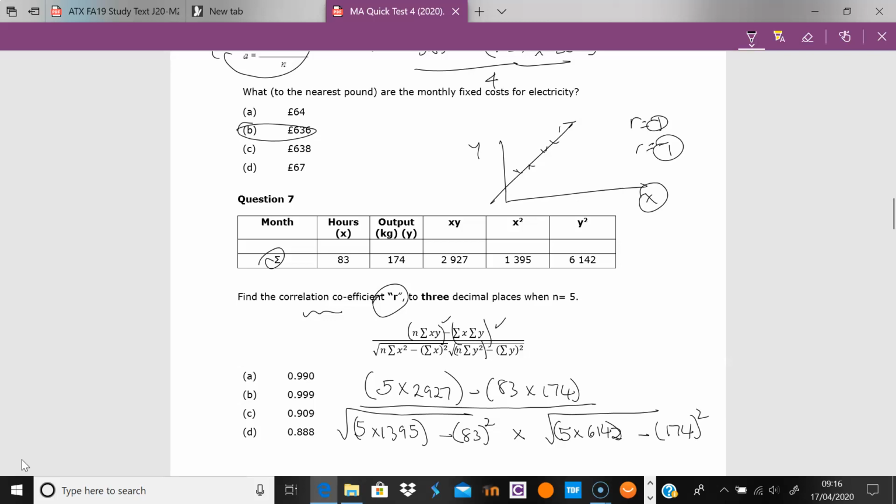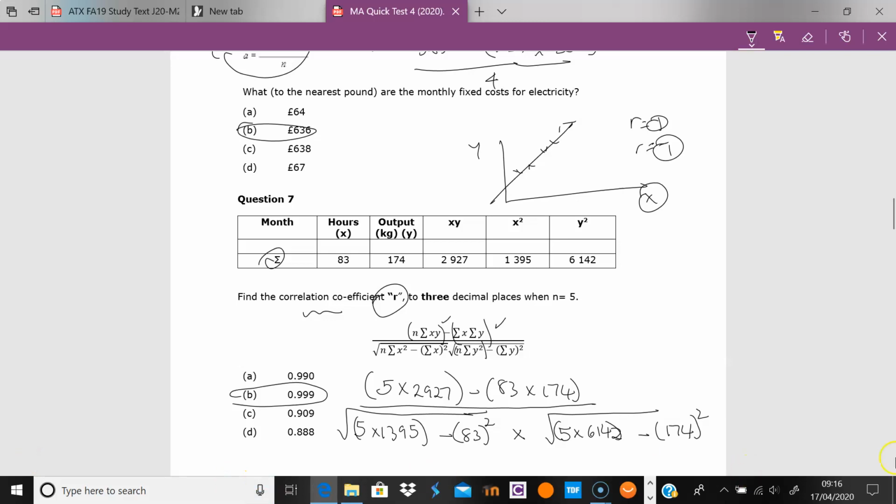So work through this carefully, and you should come out with 0.999, which is very close to 1.